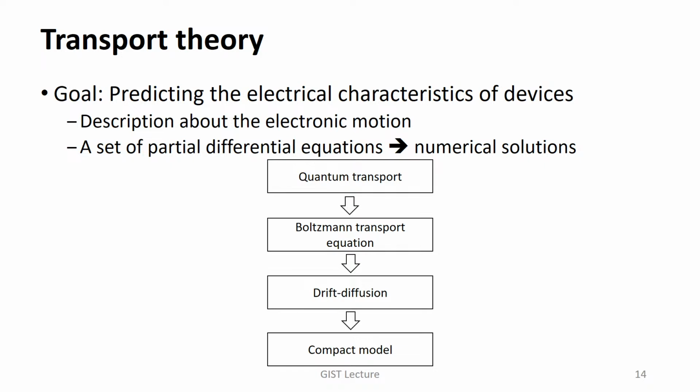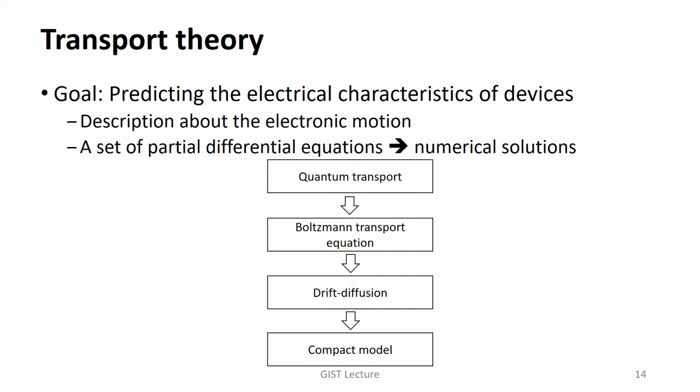However, in the case of device simulation, the rule is quite simple. We just want to describe the electronic motion. The motion of electrons is described or simulated by our device simulation, because electric current is just a direct result of electronic motion.